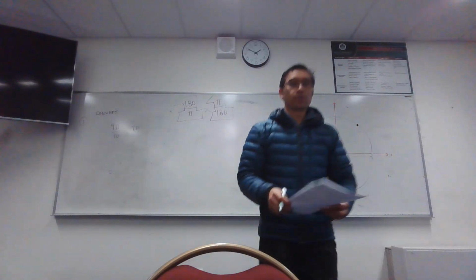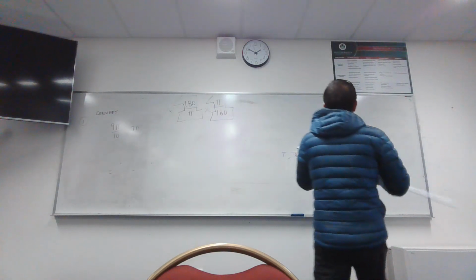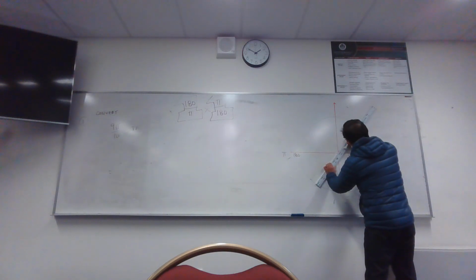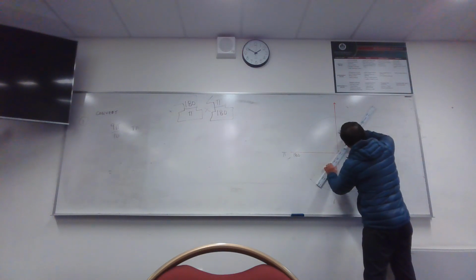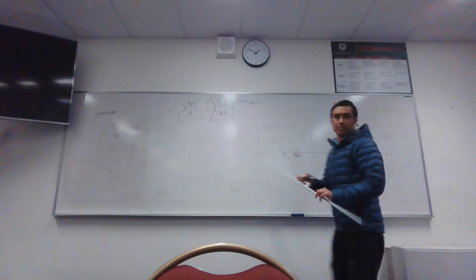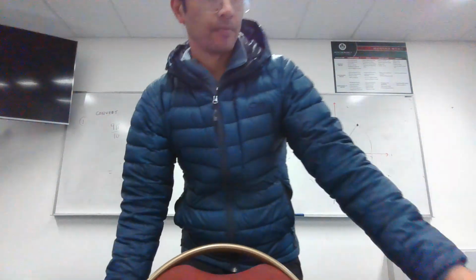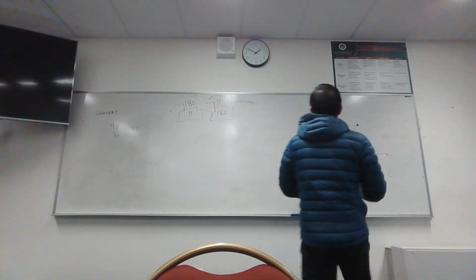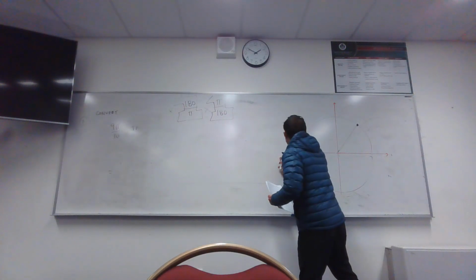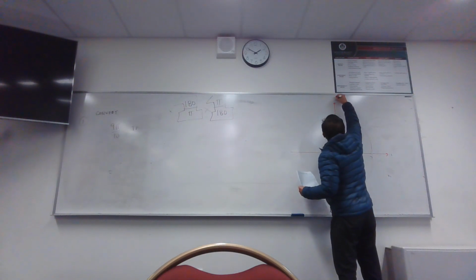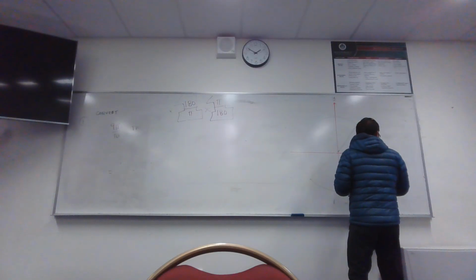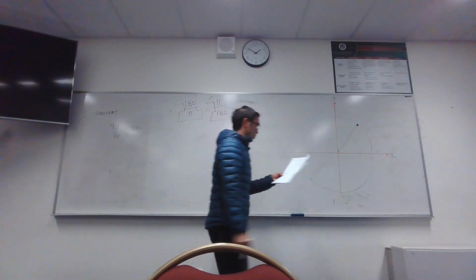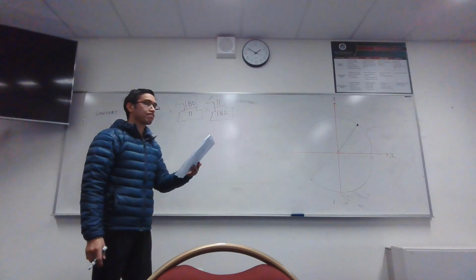Just going to use a ruler so it's nice and neat. I'm going to start adding coordinates in here. Trigonometry has a lot of aspects of maths all in the one topic, which is why people don't like it.